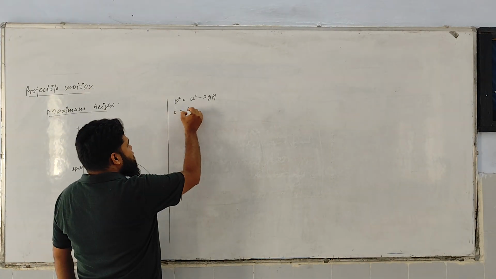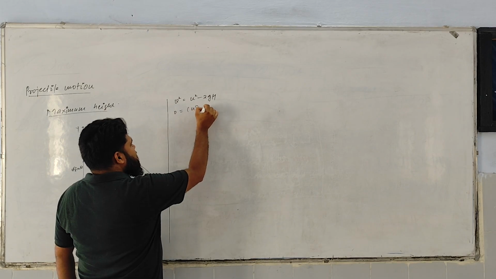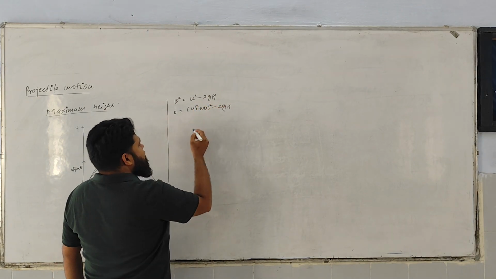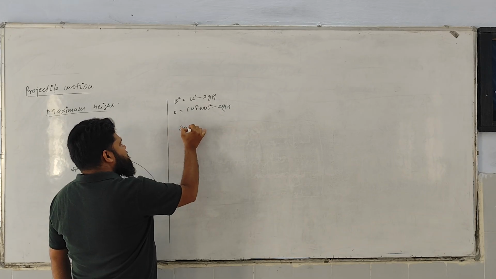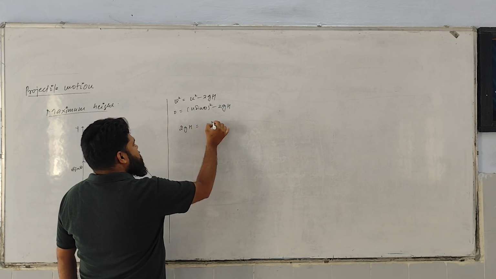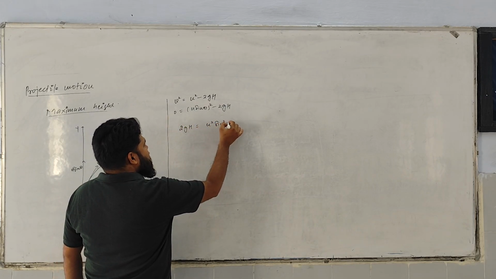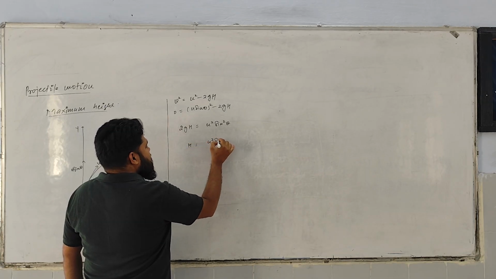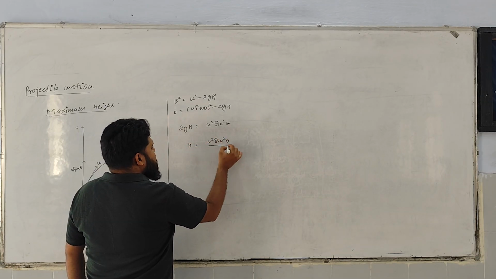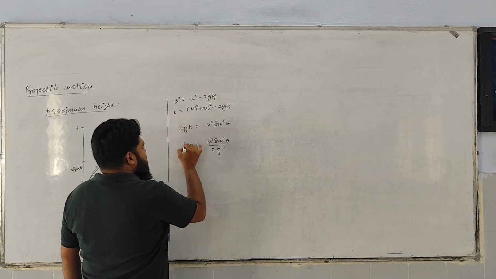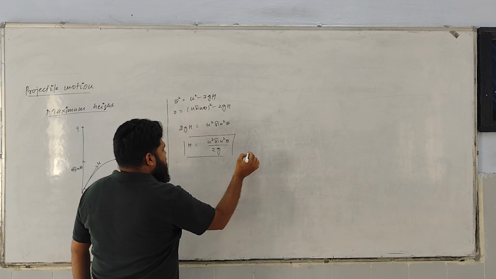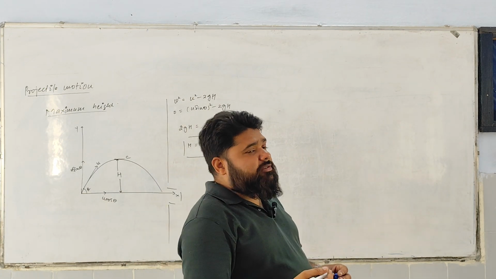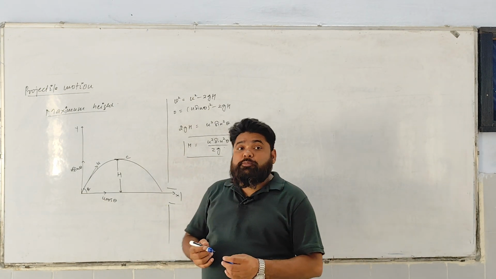So that becomes 0 equals u sin theta whole square minus 2gh, then 2gh is equal to u square sin square theta, then h is equal to u square sin square theta upon 2g, and that is the maximum height during projectile motion.